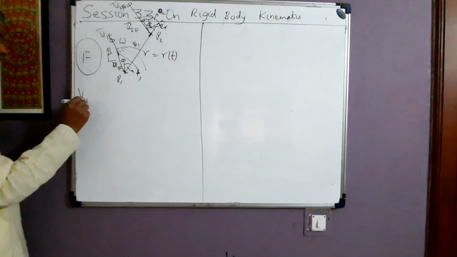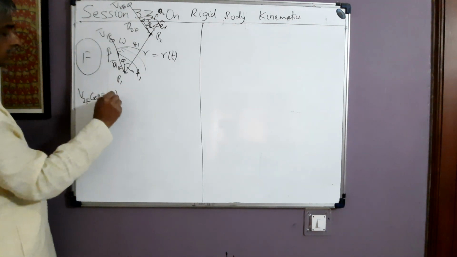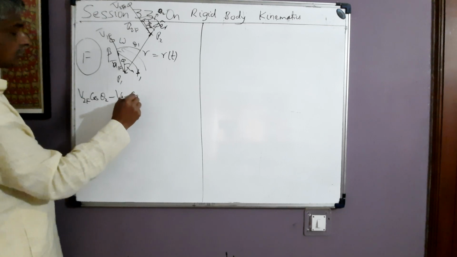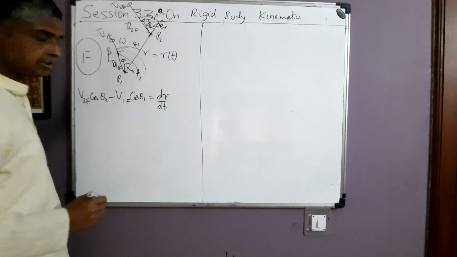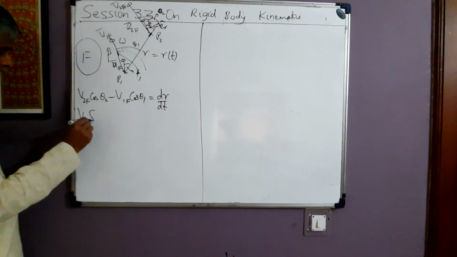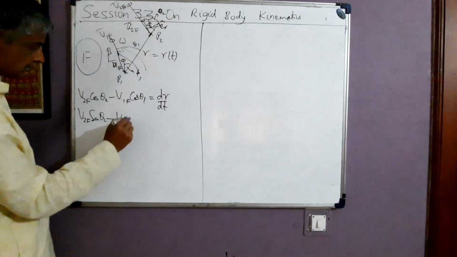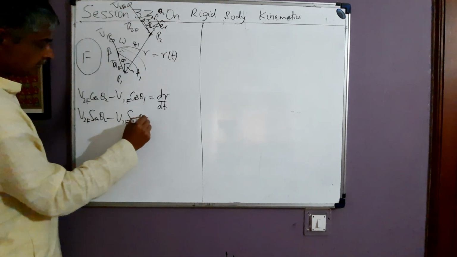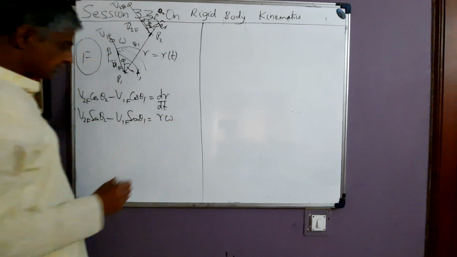So two results I got. V2F cos theta 2 minus V1F cos theta 1 is equal to dr by dt. V2F sin theta 2 minus V1F sin theta 1 is equal to r omega.